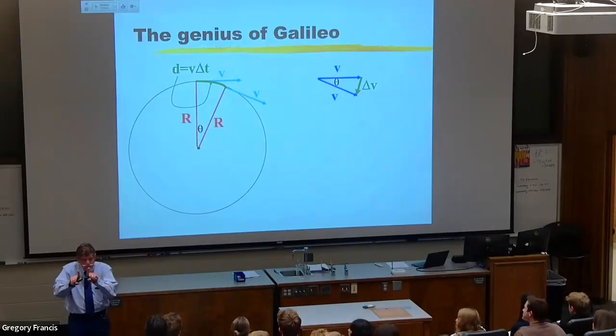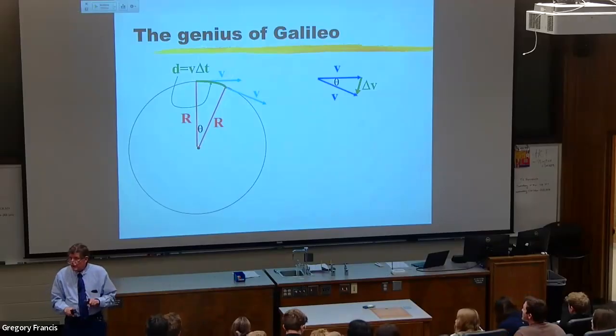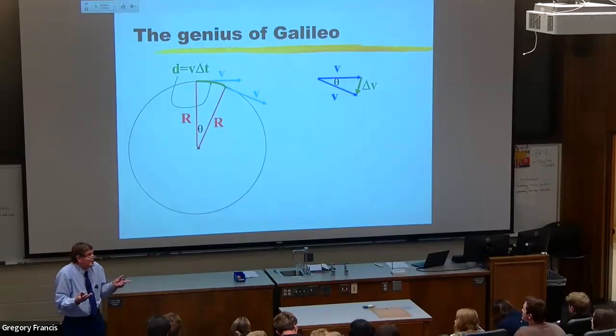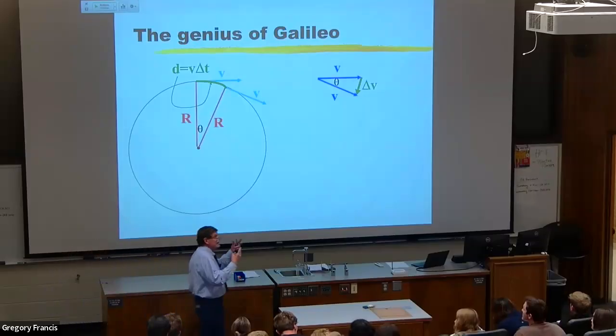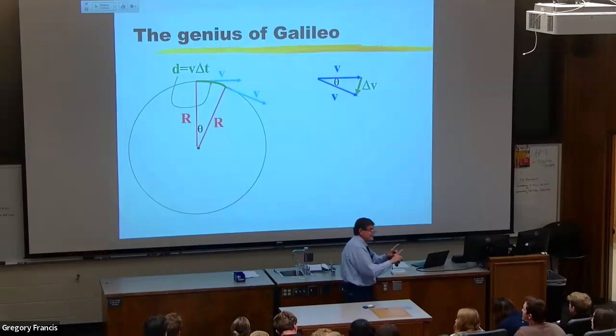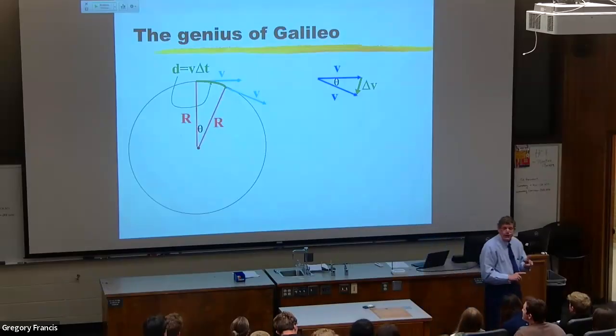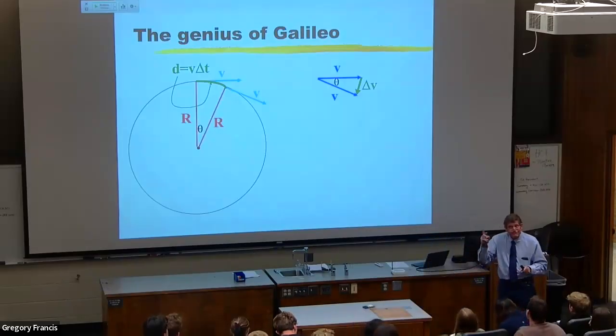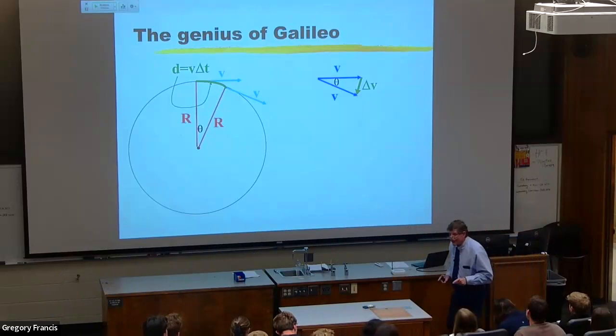And I can just keep on making that delta t smaller and smaller, making that slice of pie narrower and narrower until it's really straight. What Galileo was doing was taking a limit as delta t went to zero. He was doing calculus.